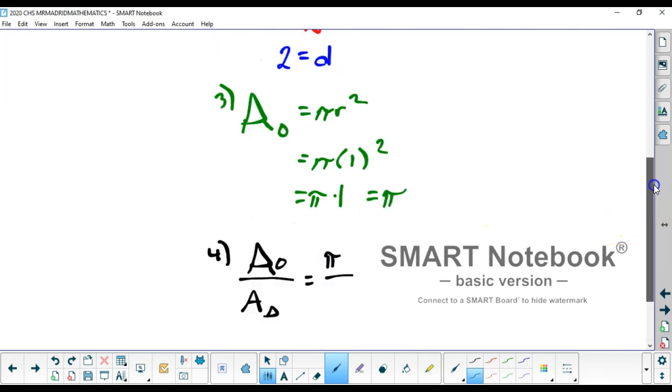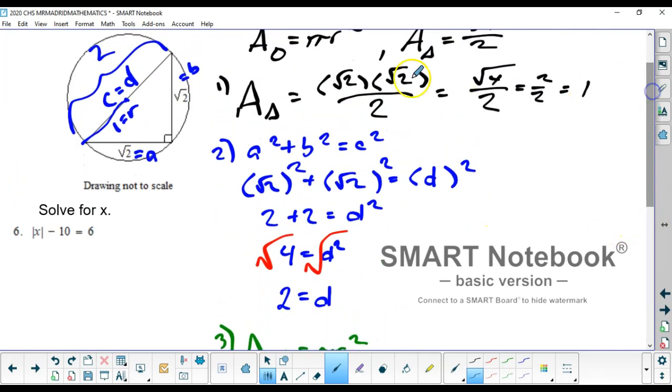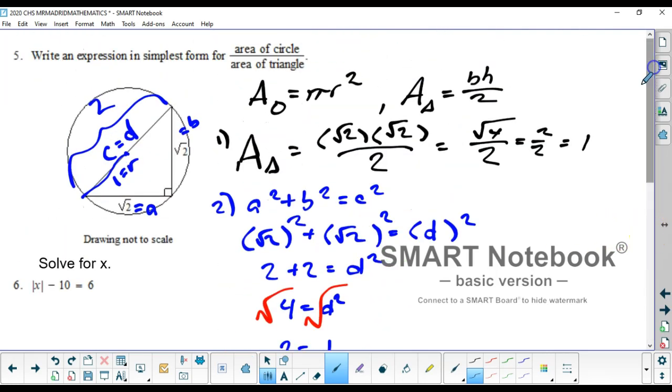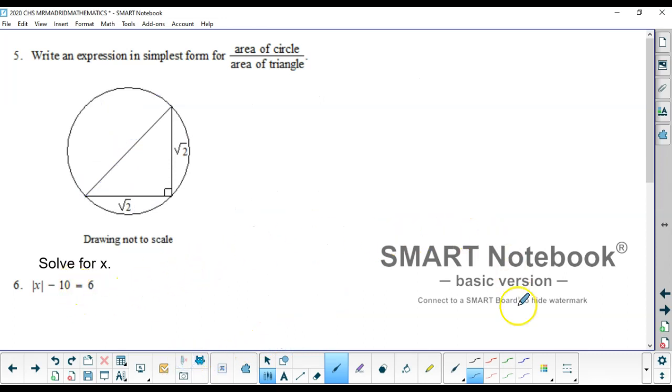Area of the triangle is 1. So we get pi. Okay. All right. Next up is this bad boy down here.